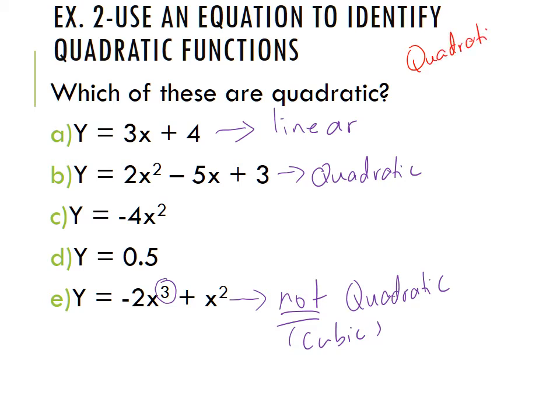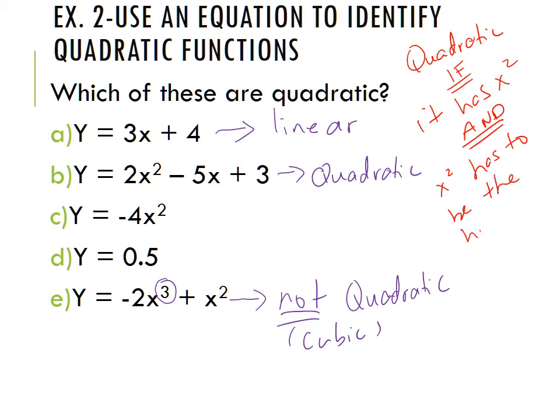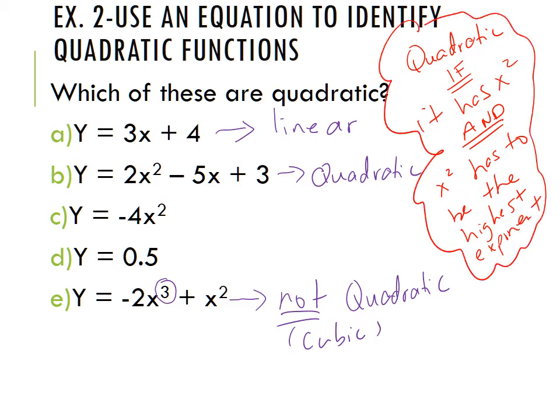So if you just look at the equation, it's quadratic if it has x squared and it has to be the highest exponent, meaning that 2 has to be the highest. So that's important. Make sure that you highlight that.